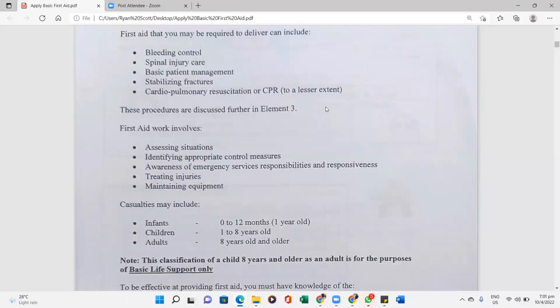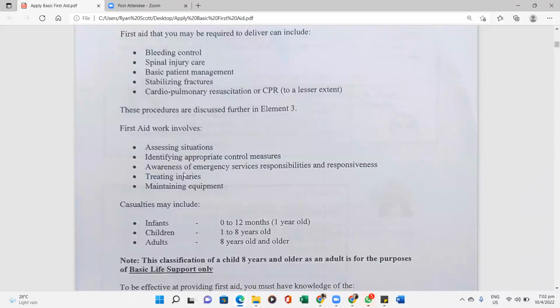You're supposed to help control the bleeding, help with spinal cord injury care or spinal care, assist with basic patient management, stabilization of fractures, and cardiopulmonary resuscitation or CPR. Okay? And they are going to be further discussed in element 3.